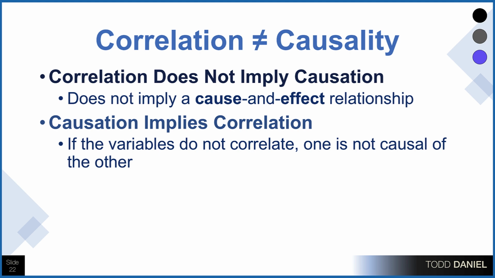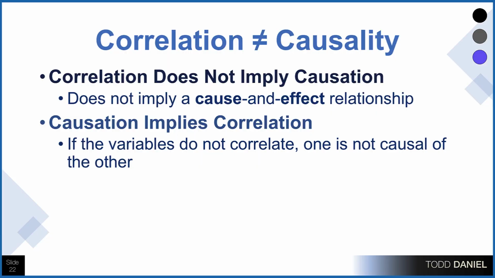If the cue ball strikes the 8 ball and causes it to move, that causal relationship will result in a strong correlation between cue balls striking other billiard balls and causing movement. And we can infer from that that if there is not a correlation between variables, then there is not a causal relationship either.